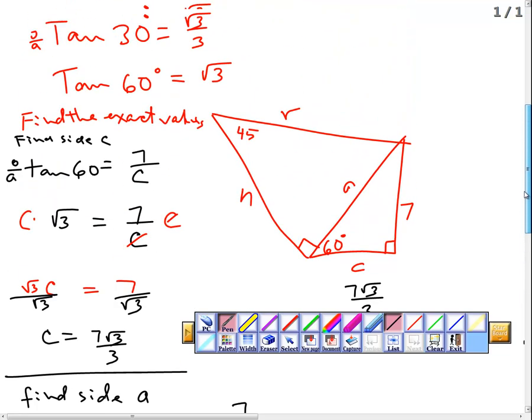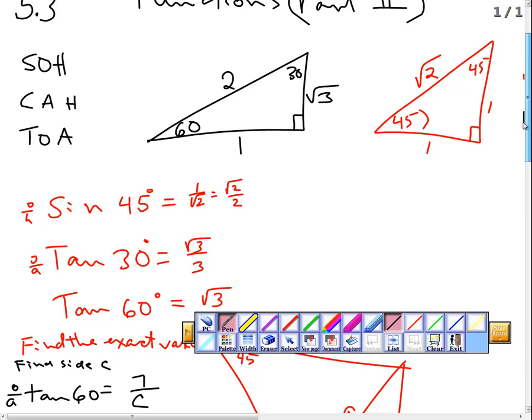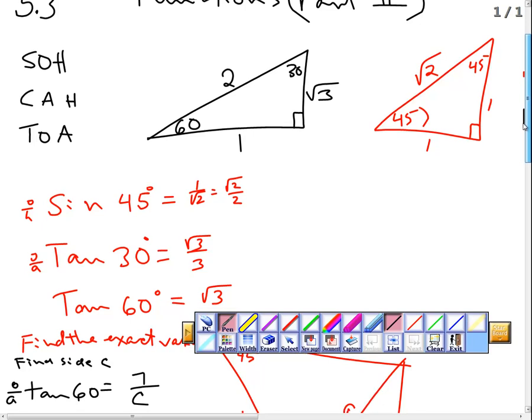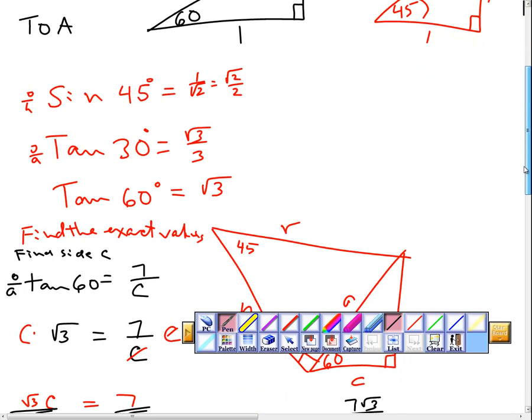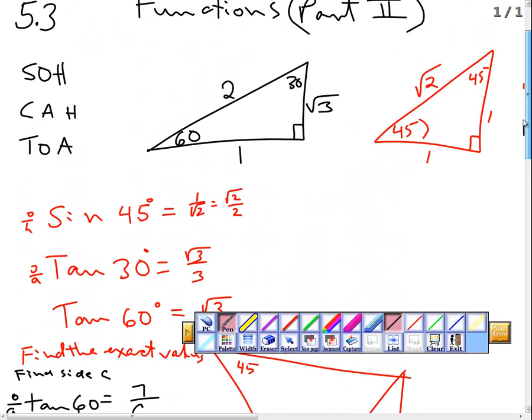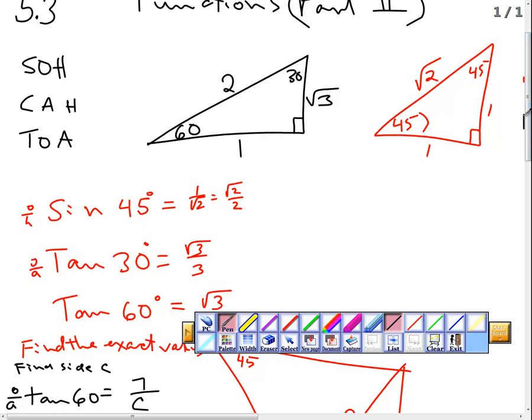All right, well, sine, if we look back at our special triangle, sine for 60 degrees is what? Sydney? Well, we're looking at 60. Square root of 3 over 2. Good, because it's sine.